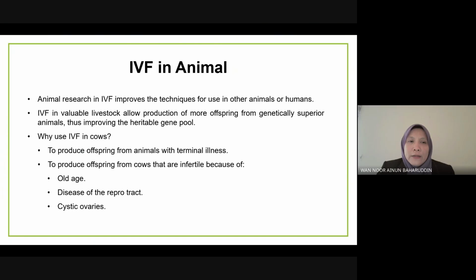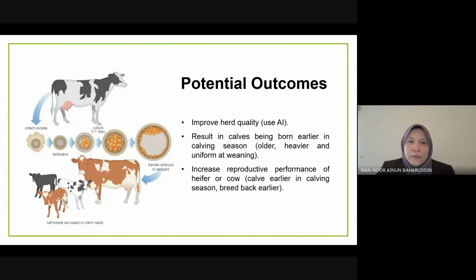In animal research, for example with cows, sheep and so on, once they collect the oocytes, fertilize and culture them, this ensures the quality of the eggs.